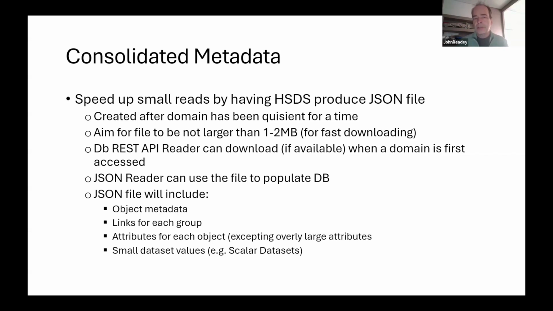And then anytime a client needs to get the links for a group or read an attribute for a dataset, it'll just be in memory and it won't need to go back to the server to fetch that. So in that scenario, the only requests that would need to be going to the server would be dataset reads, and for datasets that are, say, more than a kilobyte in size.